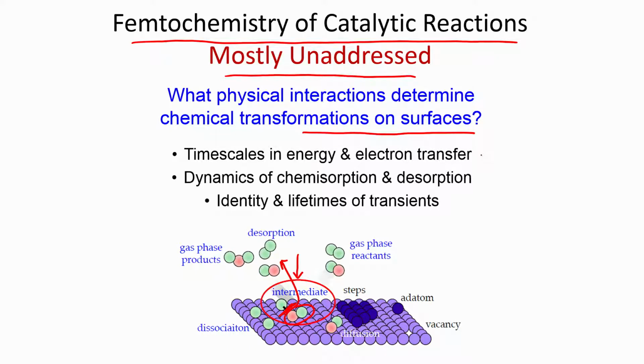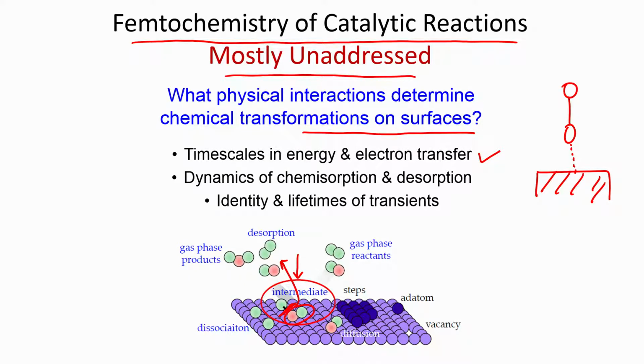Time scales in energy and electron transfer. If I have to give a definition of catalysis, I look at the catalytic process from an energy and electron transfer perspective. Let us say I have a surface, and on the surface I have a molecule sitting.